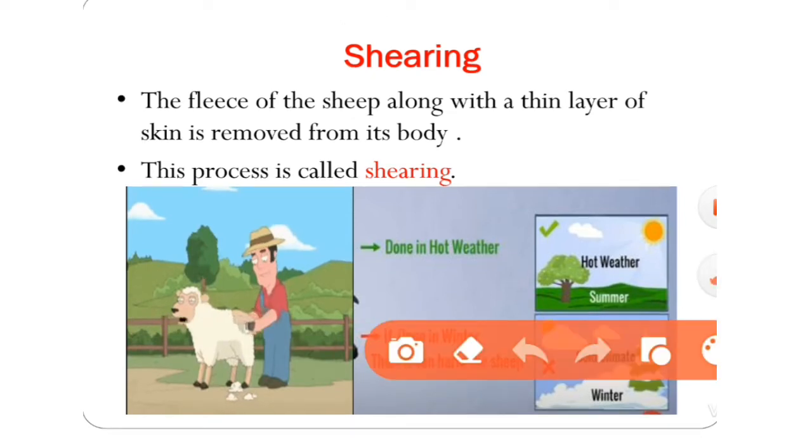Usually hair is removed during hot weather. This enables sheep to survive without their protective coat of hair. The hair provides woolen fibers. Woolen fibers are then processed to obtain woolen yarn.